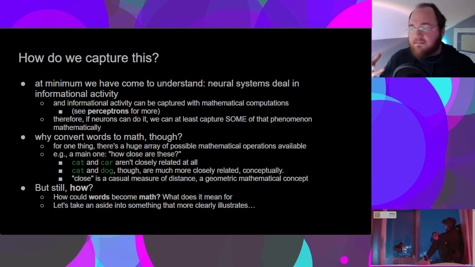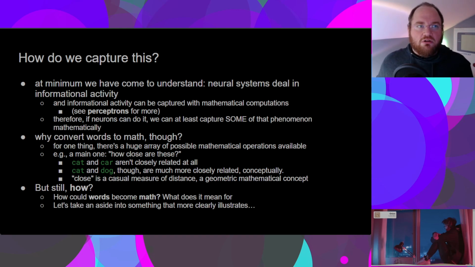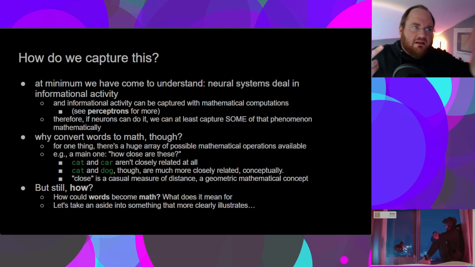So this concept of closeness is a casual measure of distance, right? So when we talk about semantic relatedness, we can use the word close and we kind of understand these things are close in meaning. The word jump is very close to the word leap, right? They're not quite exactly the same. Flame, fire, burning, right? They have things in common, and you know that they're closer together than flame, fire, burning, and, I don't know, the concept of justice.